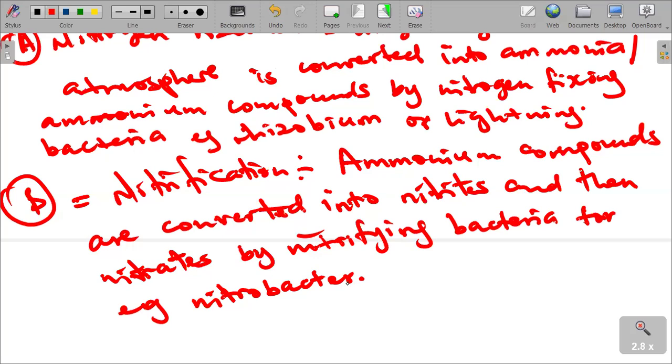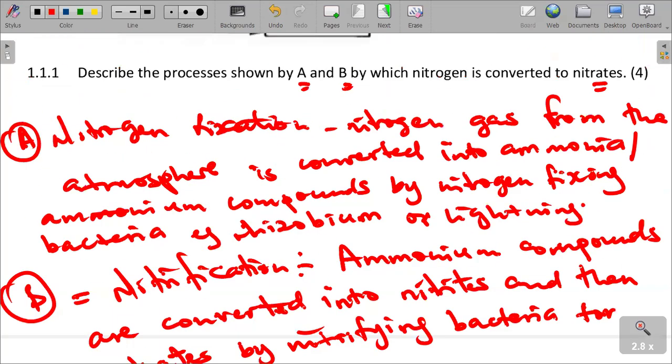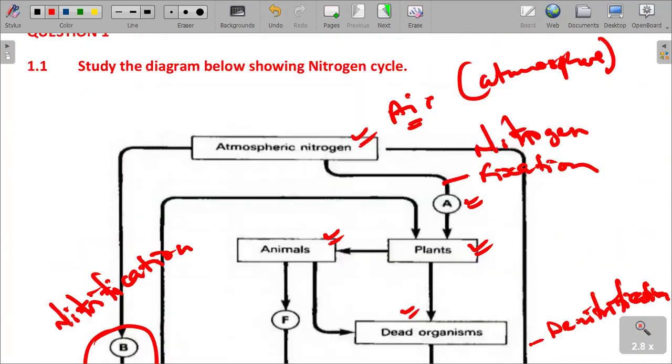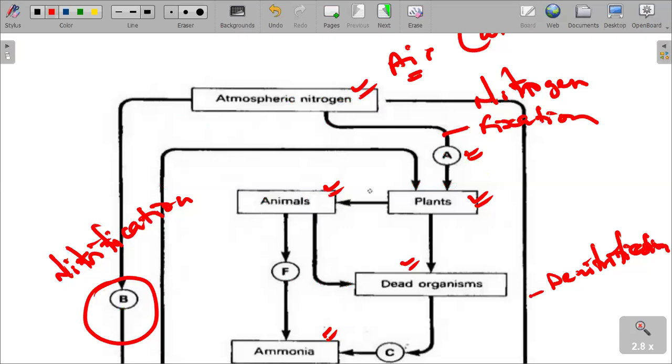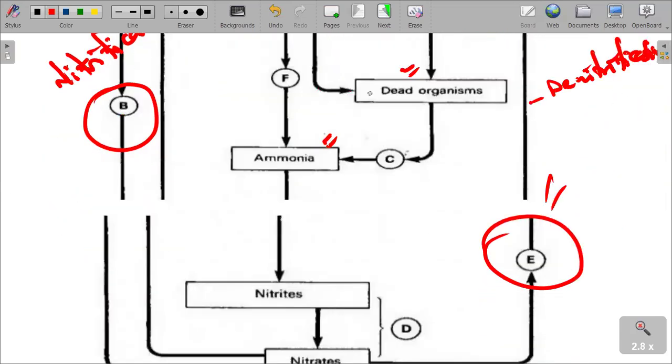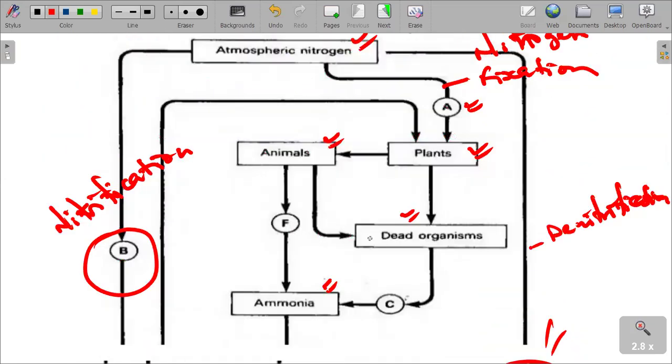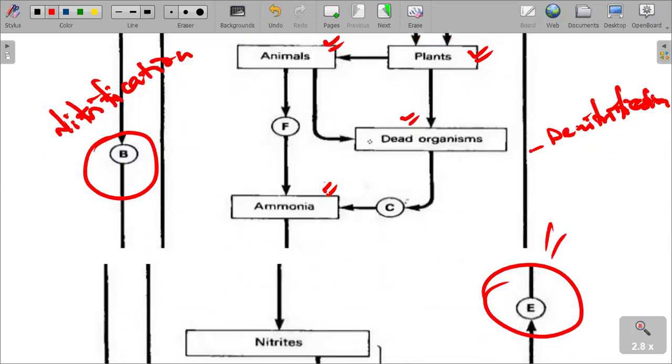Therefore, the process is nitrification. As you can see from the diagram, we have the nitrification process, where atmospheric nitrogen is converted into nitrites and then into nitrates by nitrifying bacteria. That's the process taking place there.